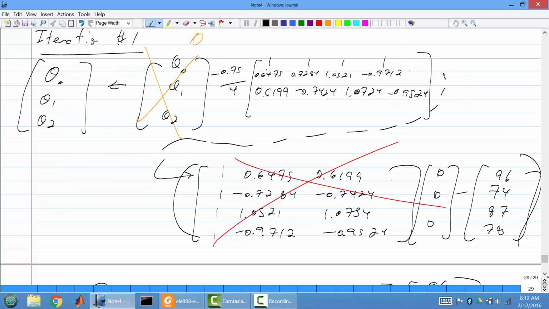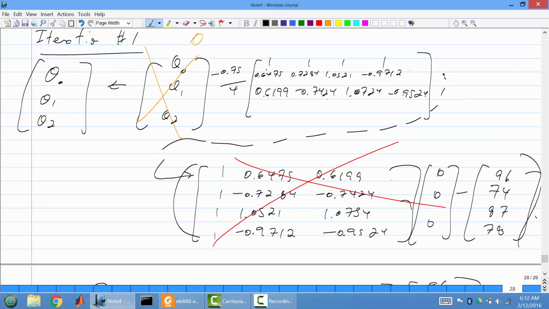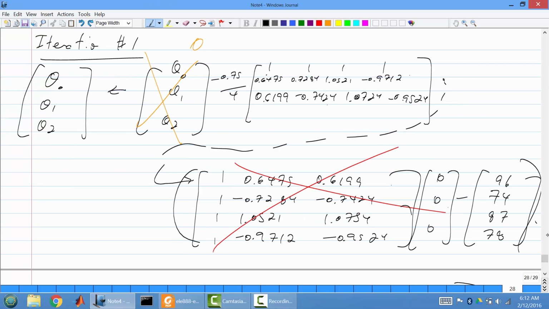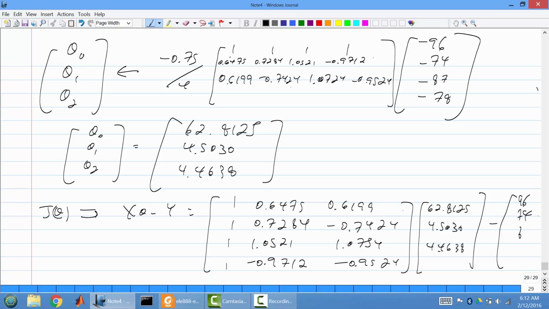You take this matrix and multiply it by the vector here, 62.8125, 4.5030, and 4.4638, and subtract the vector here, 96, 74, 87, 78.